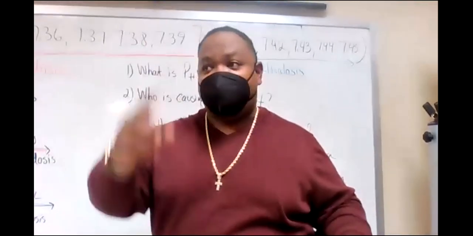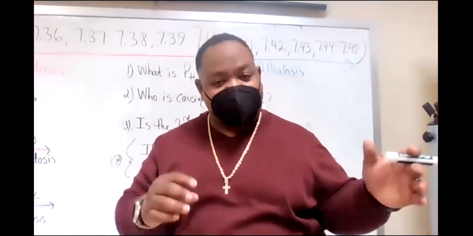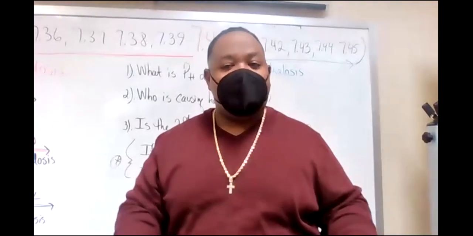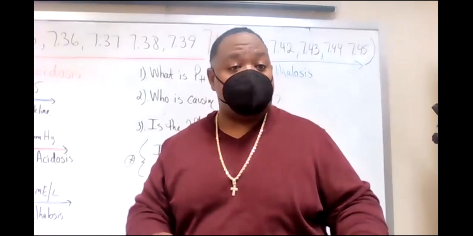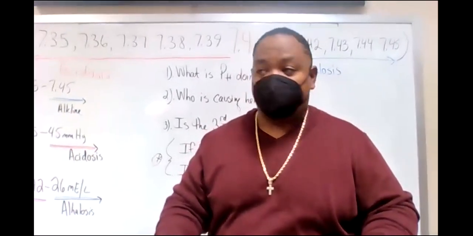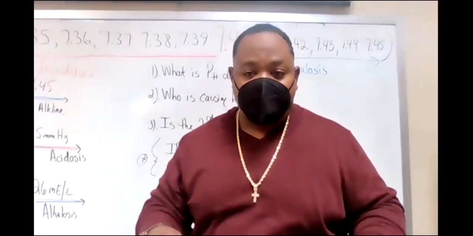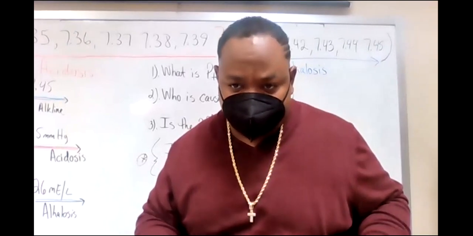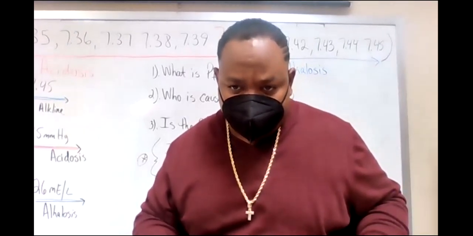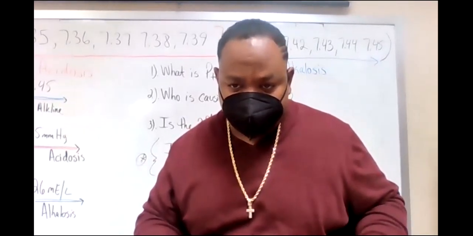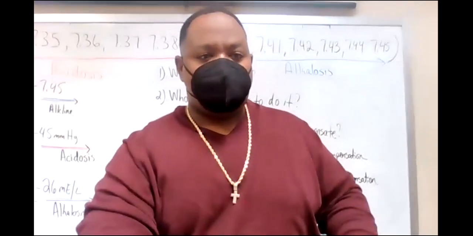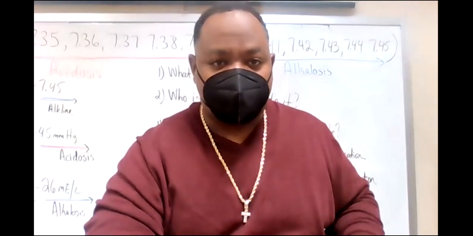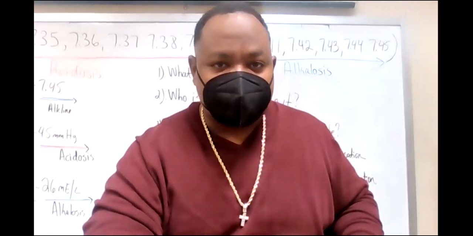It said hydrogen ions. The hydrogen ions determine the pH of the blood, and there's a formula to find that. We'll learn that too in this section. Maria, are you with me? I think she left.